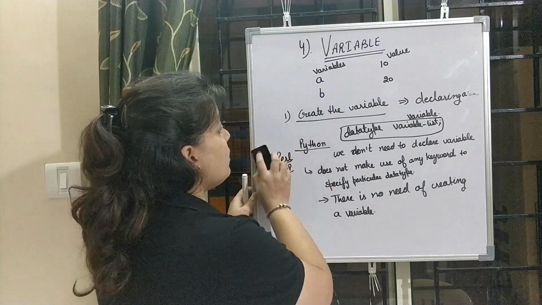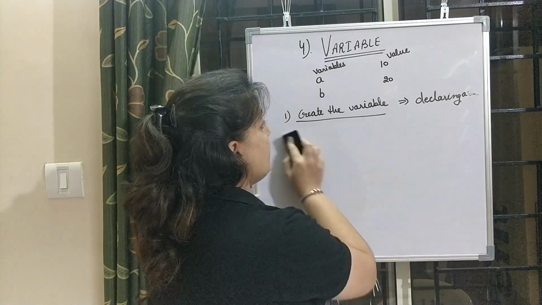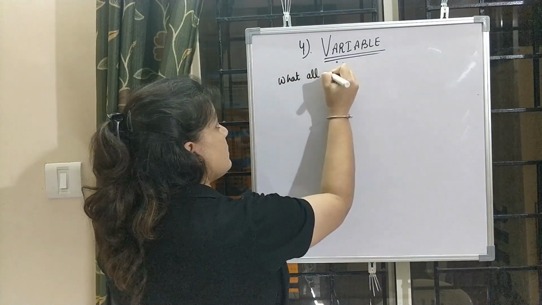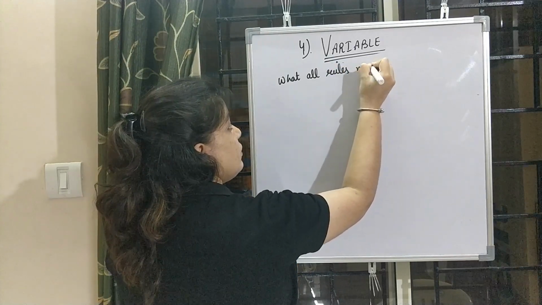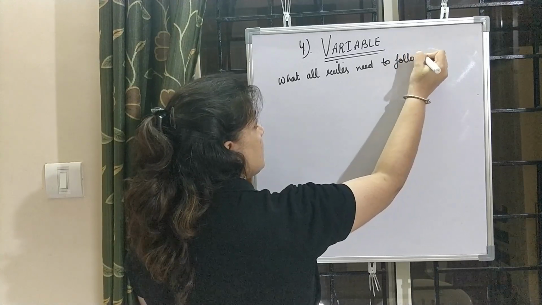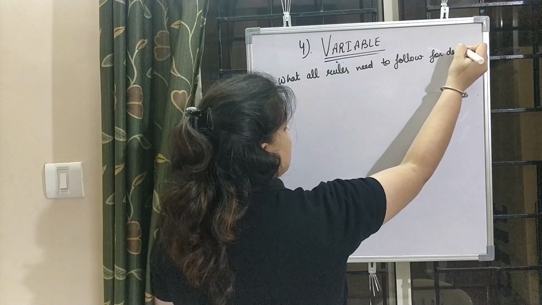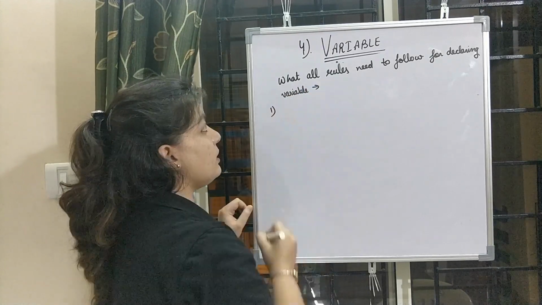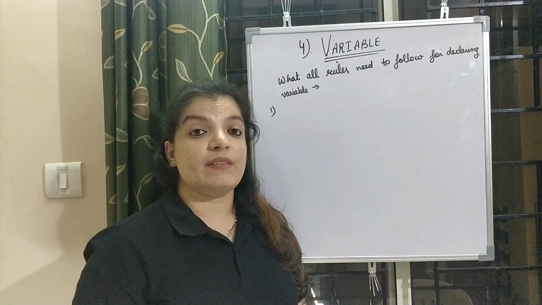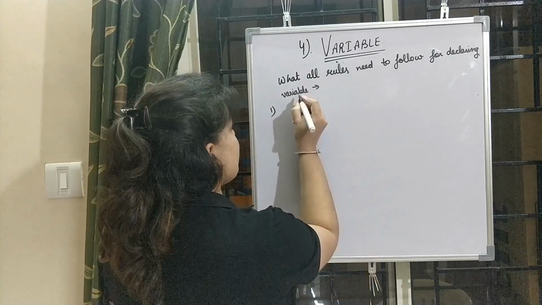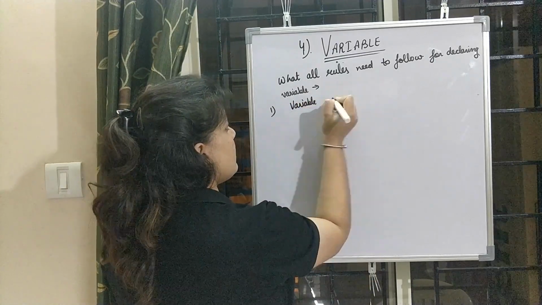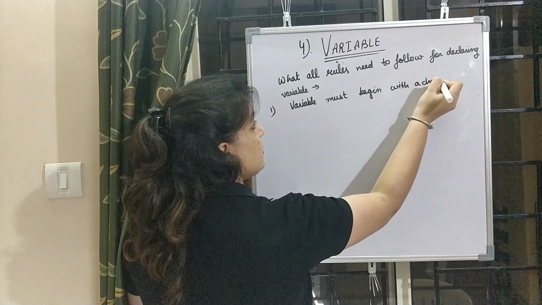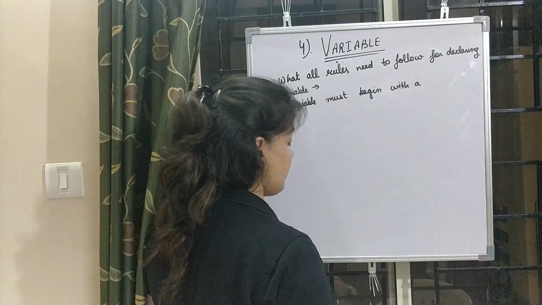Now, what are all the rules we need to follow for creating or declaring a variable? The very first rule is that a variable must begin with a character or an underscore. So what is the first rule? A variable must begin with an alphabet, not a character, since in character we may have special characters also.